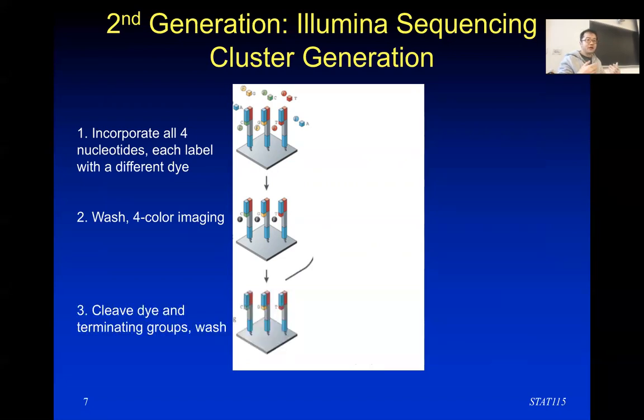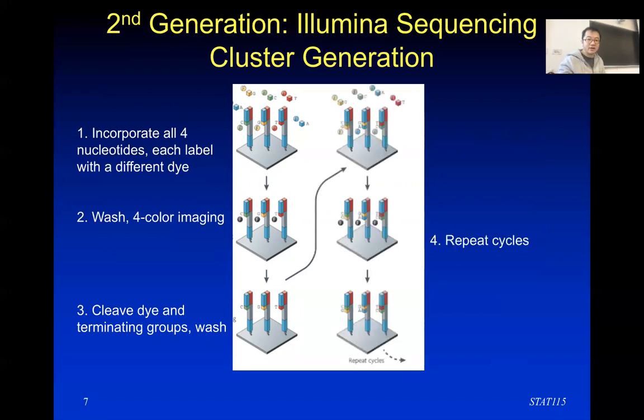Then the machine will cleave off the fluorescent part and also remove the modification on the nucleotide, so in the next stage it can do the extension again. The sequencing machine will just do the same operation again and again, extending the template strand base by base.